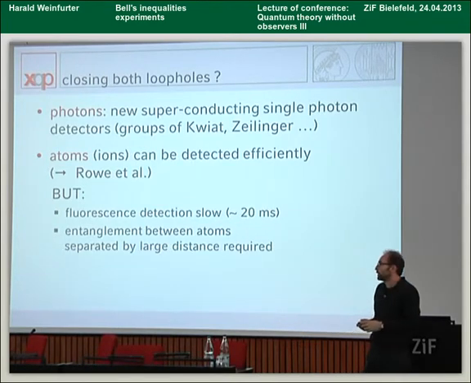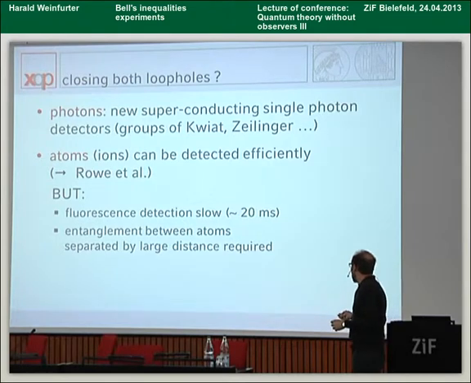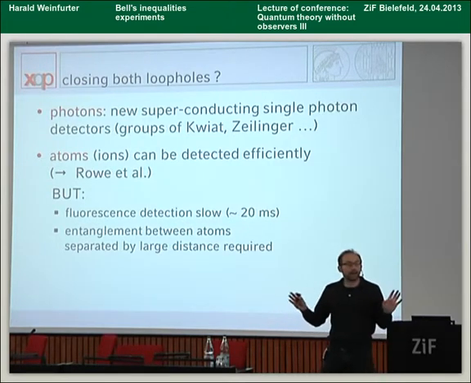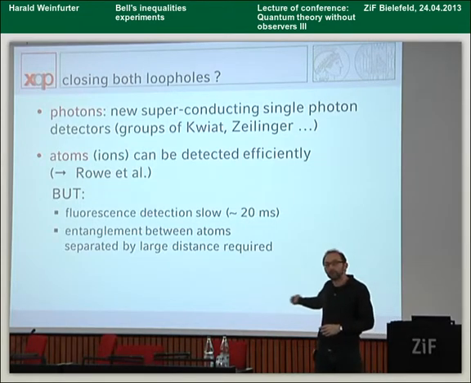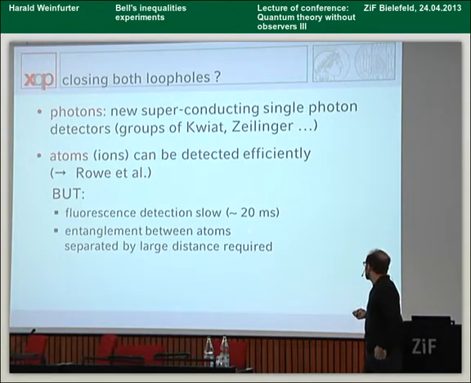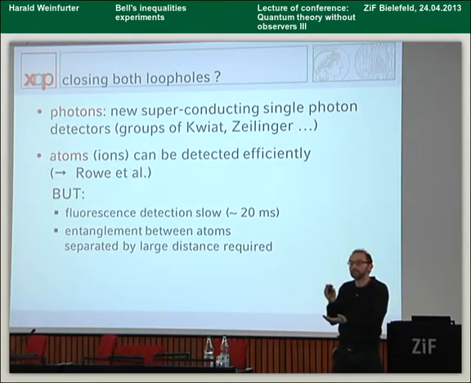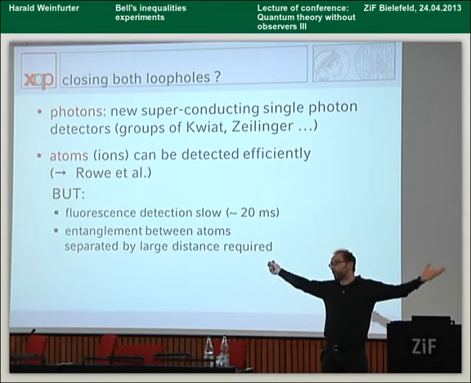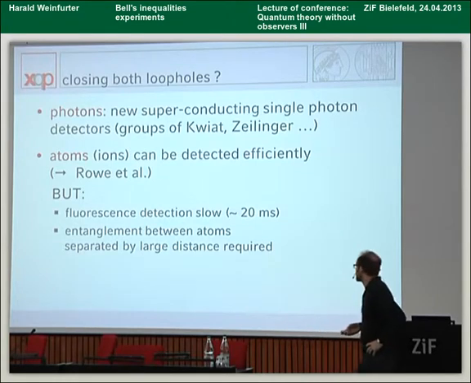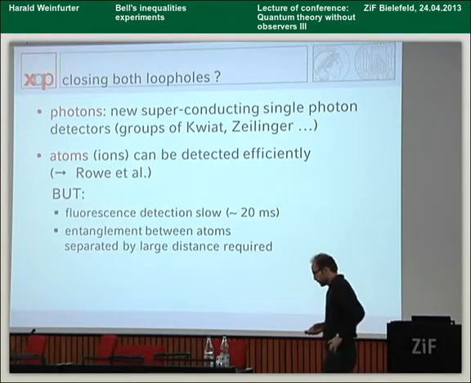It takes a while. In our experiments at the moment, this is 20 milliseconds. Admittedly, there are ion trap experiments which achieve this within, say, 1 millisecond. But still, it's relatively slow, given that your measurement now takes a millisecond. And a millisecond would mean quite a significant distance between the two observers.